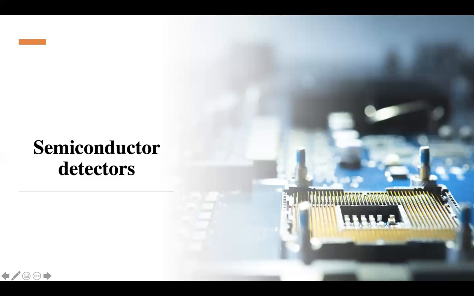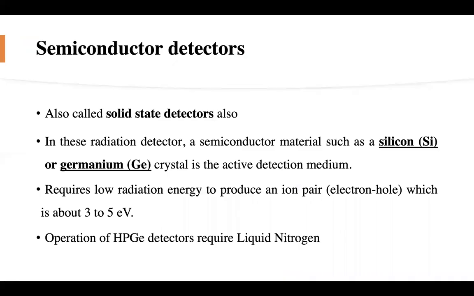Semiconductor detectors, and sometimes we call them solid state detectors. But solid state is a kind of large topic. It will also include the scintillator. In this radiation detector, a semiconductor material such as silicon or germanium crystal is the active detection medium, just like we use gas as the active medium for a gas detector.